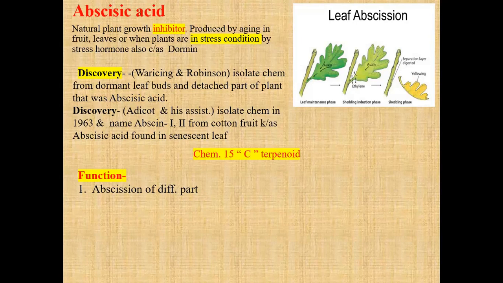The detachment is observed in higher concentration in the separated part of the plant, which is separated naturally, not by human actions. When these parts fall naturally on the ground, the concentration of abscisic acid is high.